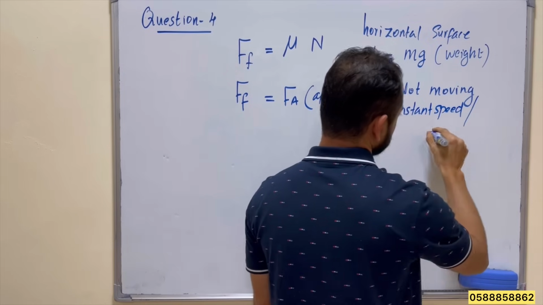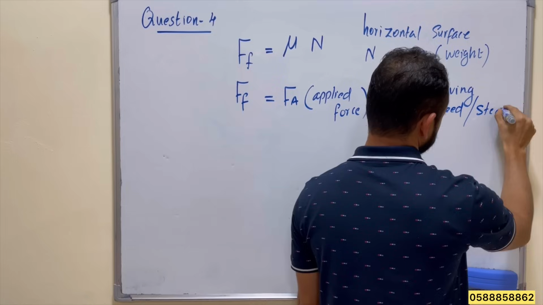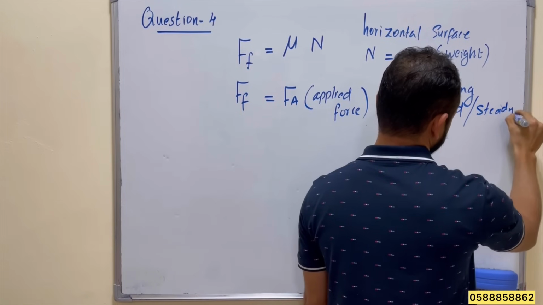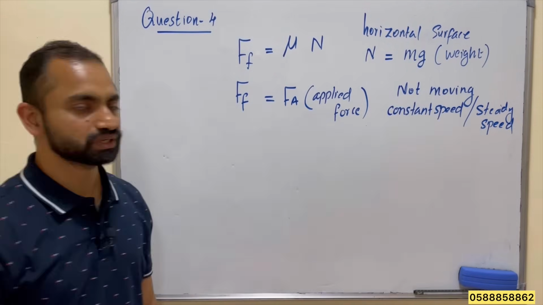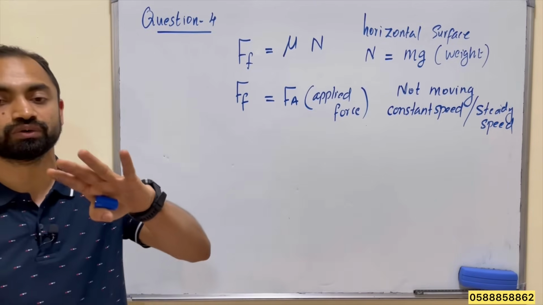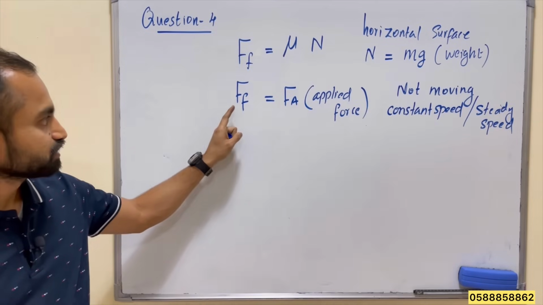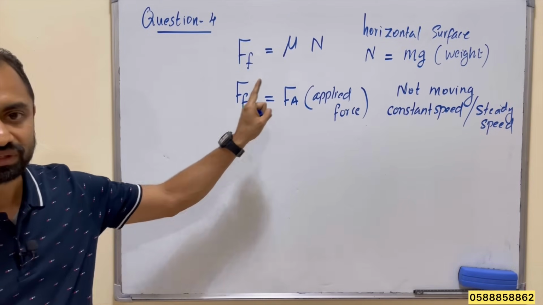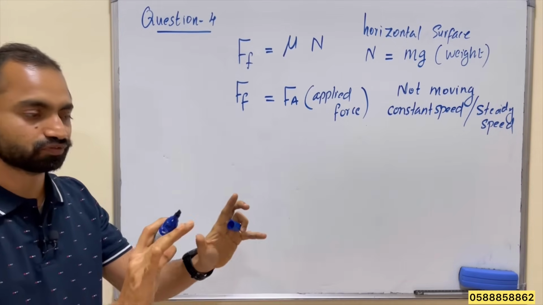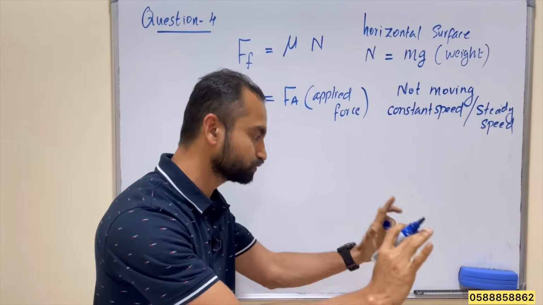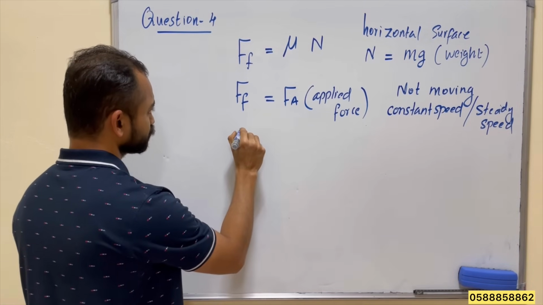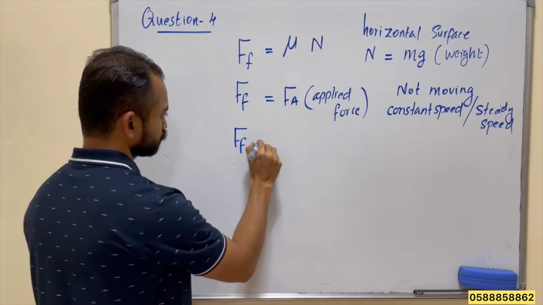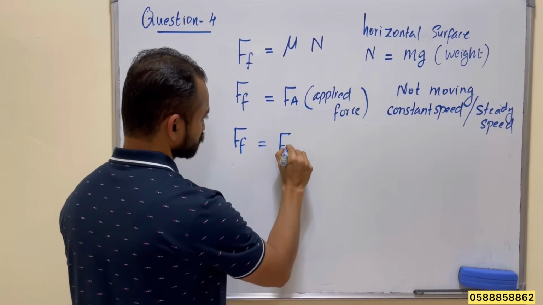Sometimes they will give us steady speed. So if the object is moving at a constant speed or steady speed, or the object is at rest, then frictional force is equal to the force the person is applying to move that object.